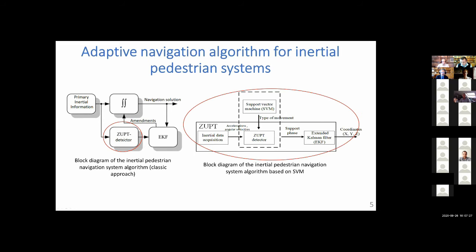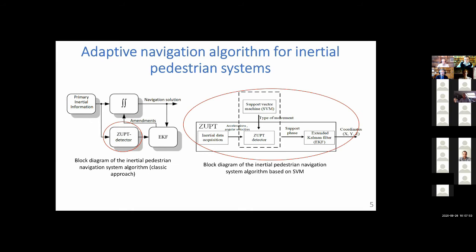The refinement in our research considered the ZUPT detector module, and here it's shown in a bigger picture. We added to this module a support vector machine technology to distinguish between different types of movement.